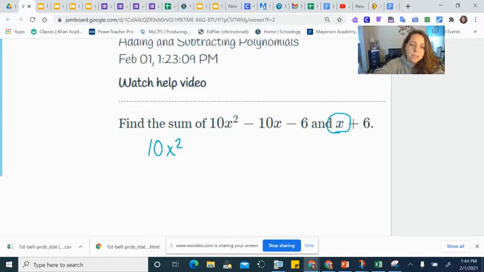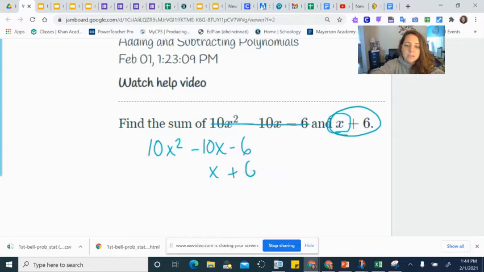So we got 10x squared minus 10x minus 6. Okay, so we got those, and now we got to do x plus 6. X, I'm going to put underneath that x, and a plus 6, I'm going to put underneath that number. If there was an x squared over here, I would put it underneath this x squared. Then we figure out, are they asking me to add or subtract the things? Well, they're just saying to add them.